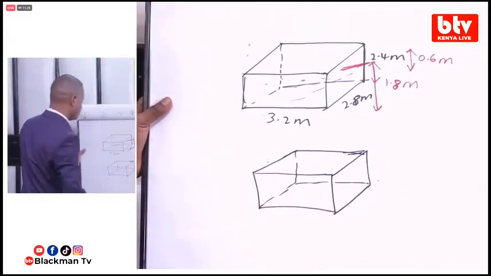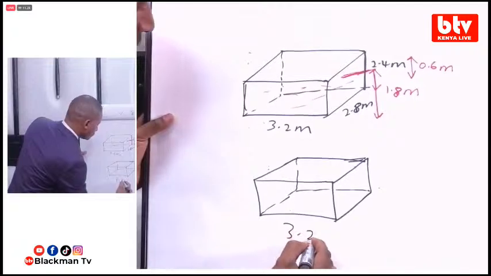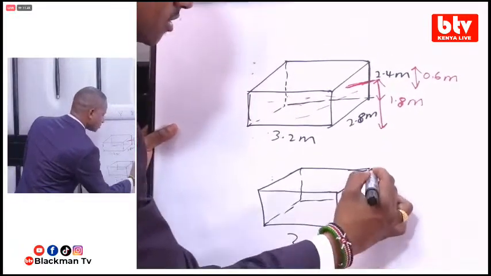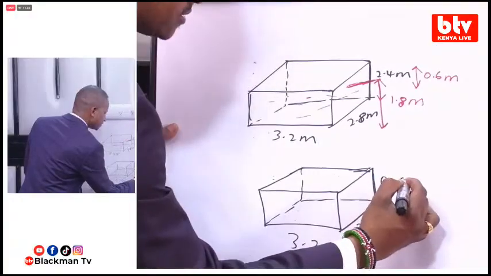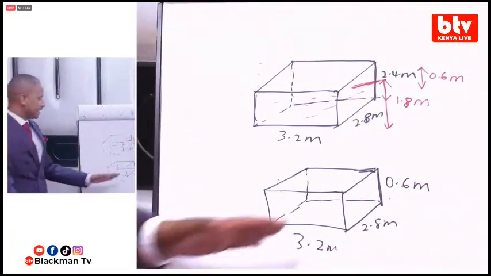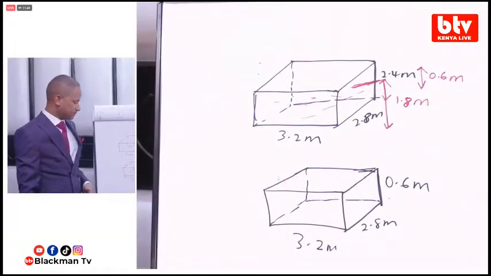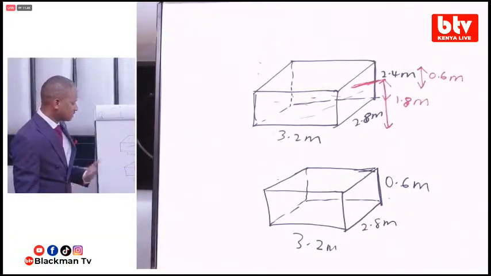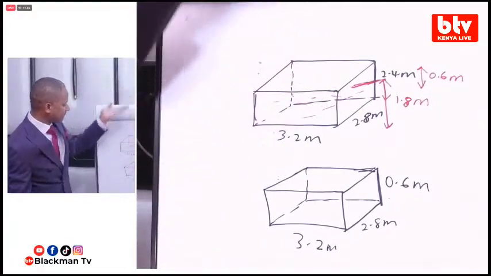This is 3.2 meters, this is 2.8 meters, but the part not in contact with water is 0.6 meters. This is the new rectangular tank, the upper part.